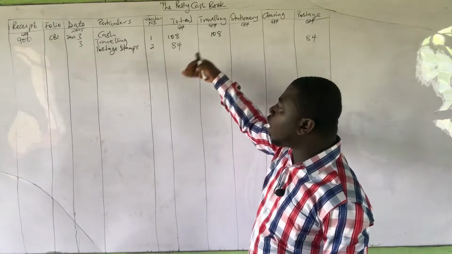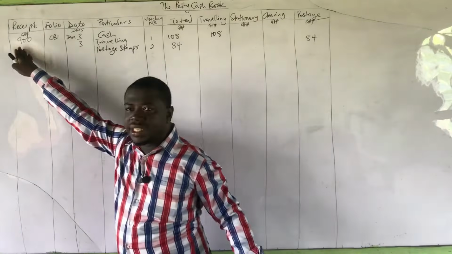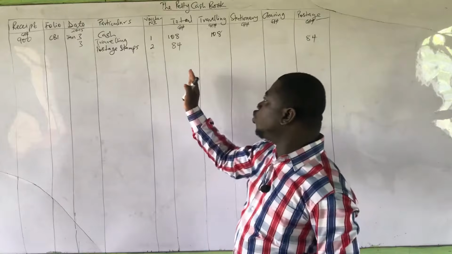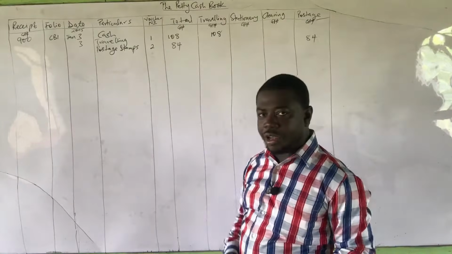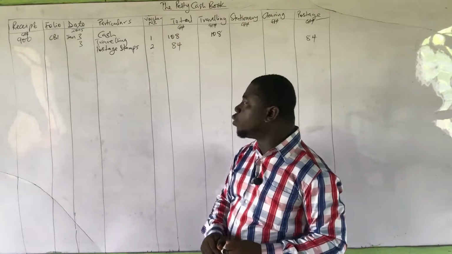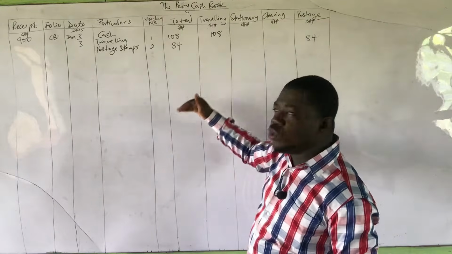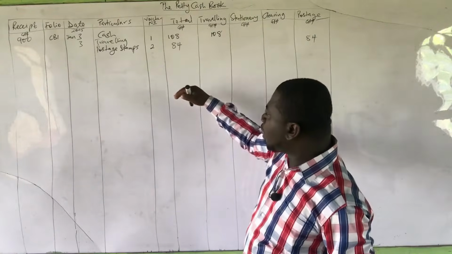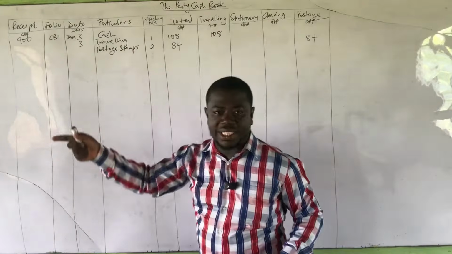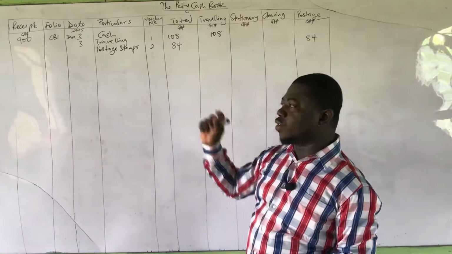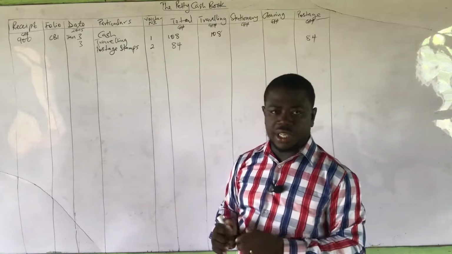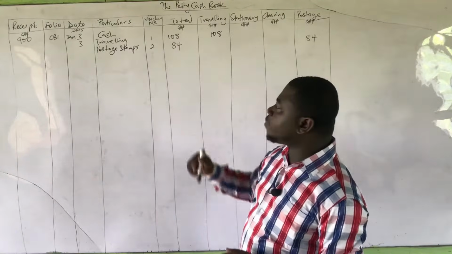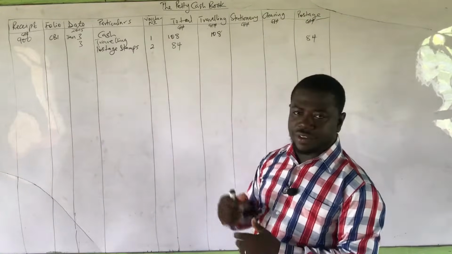So you continue to add up till it reaches 900, so that you know you have spent all, and then you can go for reimbursement. Nobody will tell you when to go for reimbursement. This is how you know when to go for reimbursement. So you continue to add up to a point where your net expenditure is higher than the balance of the 900 left. Then you pause and go for reimbursement. So now we have spent 192 out of the 900.